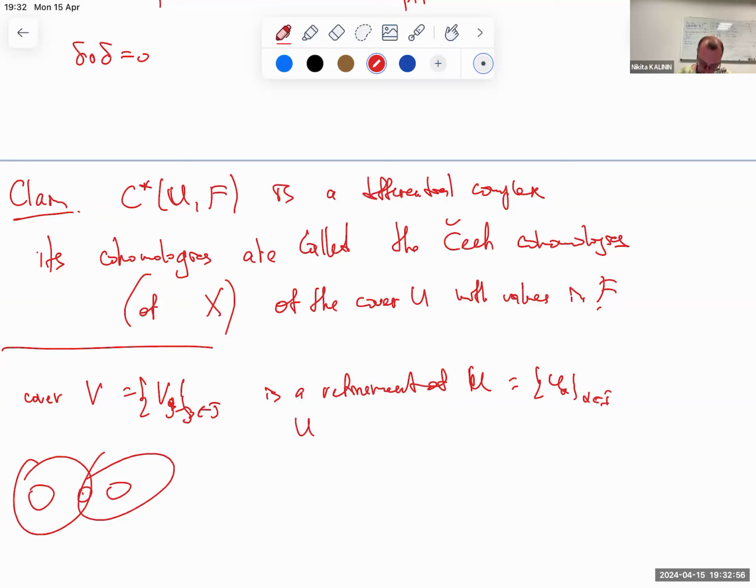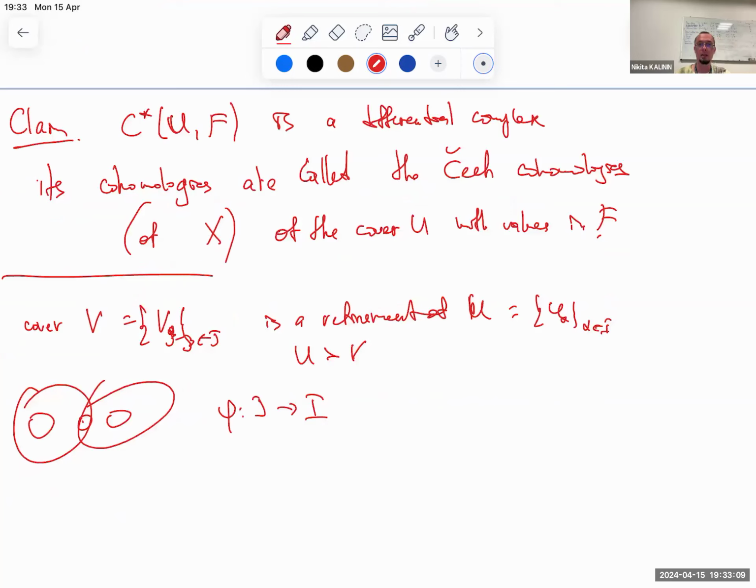So here you write that U is bigger than V, if there is a map phi such that for each index beta in J we give an index in I such that V beta is a subset of U phi of beta. Any element of the cover V is a subset of a certain element of the cover U, and this is given by the map phi.